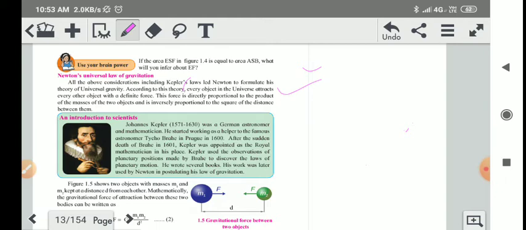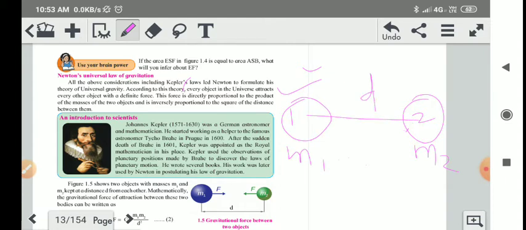Suppose there are two objects. Suppose this is the first object and this is the second object. The first object has mass m1, the second object has mass m2, and the distance between these two objects is d.